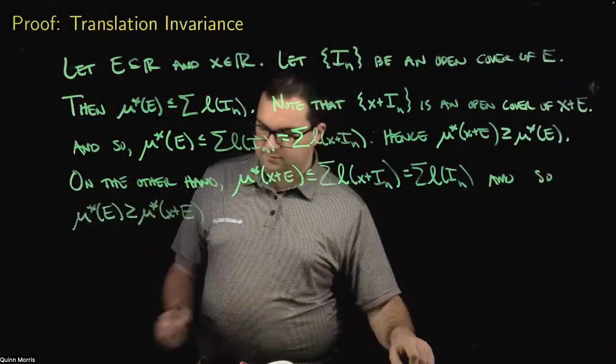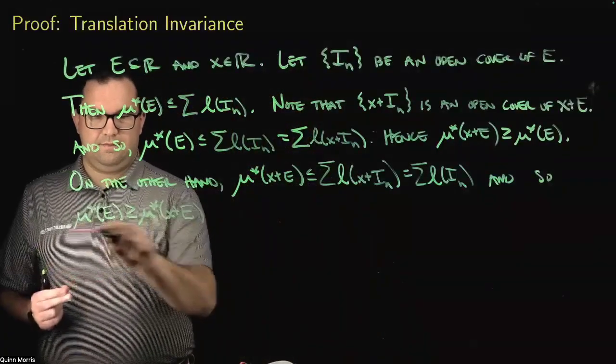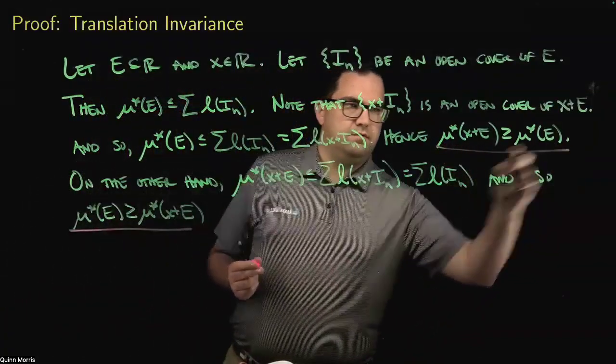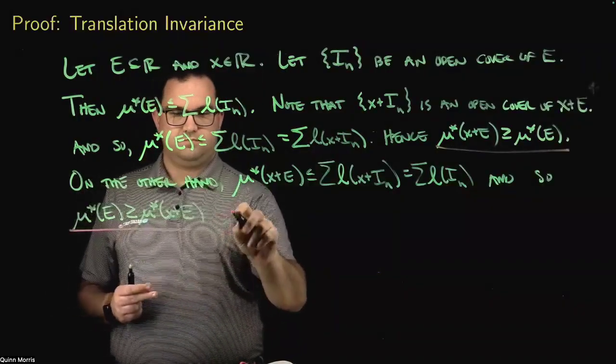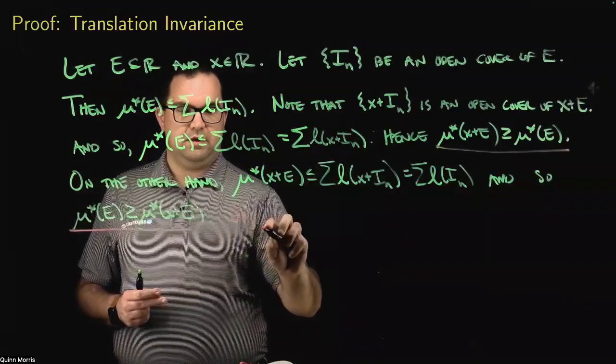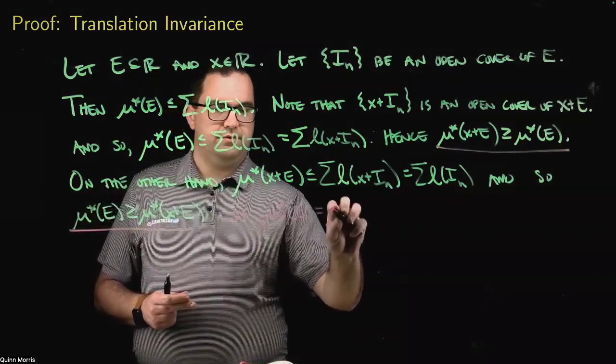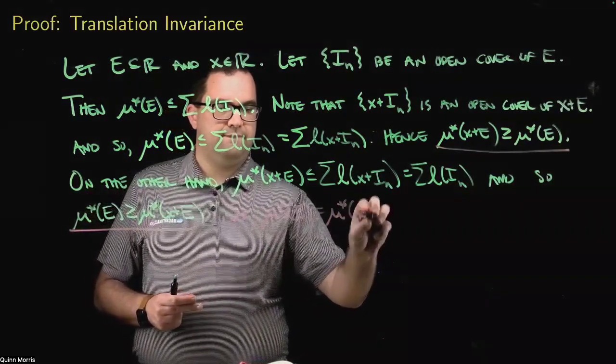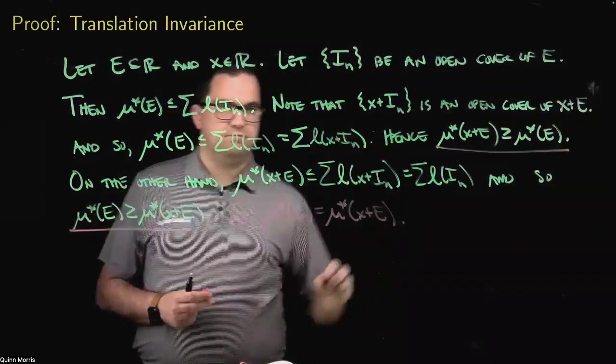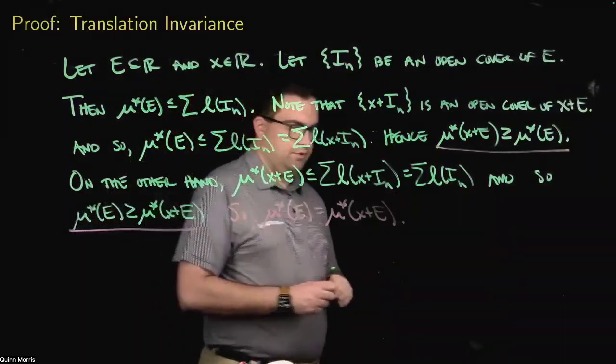Well, now combining these two facts, I get that the outer measure of E is equal to the outer measure of x plus E, which is precisely what I wanted. Right?